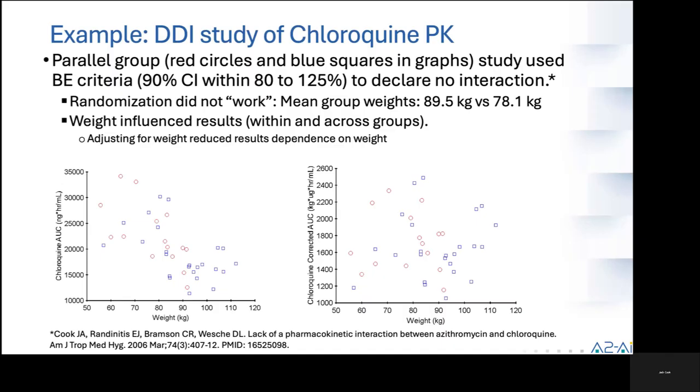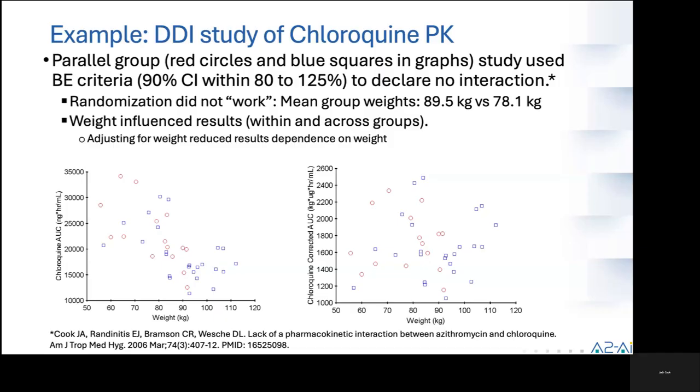The goal here was actually to show that there wasn't a drug interaction using bioequivalence criteria. This was a product being developed, and the goal was to show that the improved efficacy with this regimen was not simply due to azithromycin increasing plasma concentrations of chloroquine.